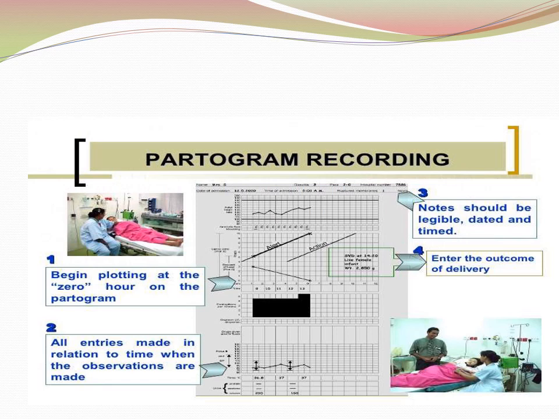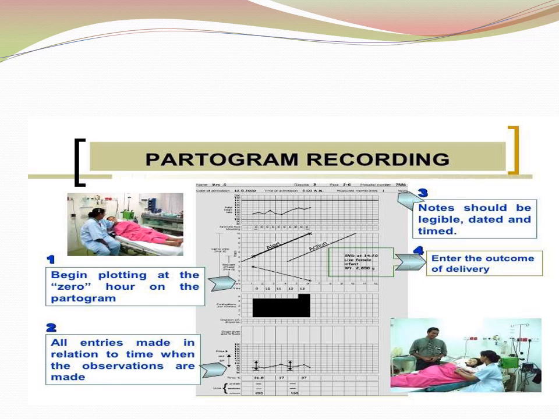So this is the partogram. You can see this is the graph usually attached to all the charts of the laboring patient. At the top you can see the fetal heart recording, and the second graph shows the cervical dilatation and the station of the presenting part.